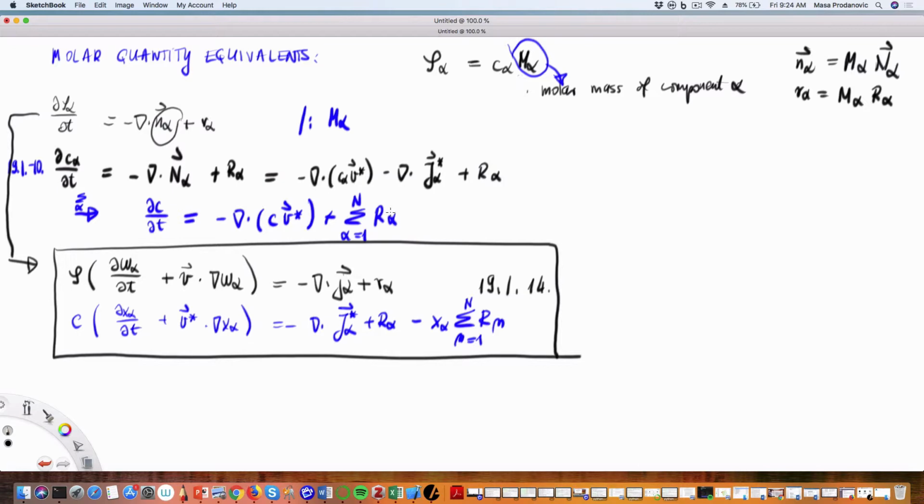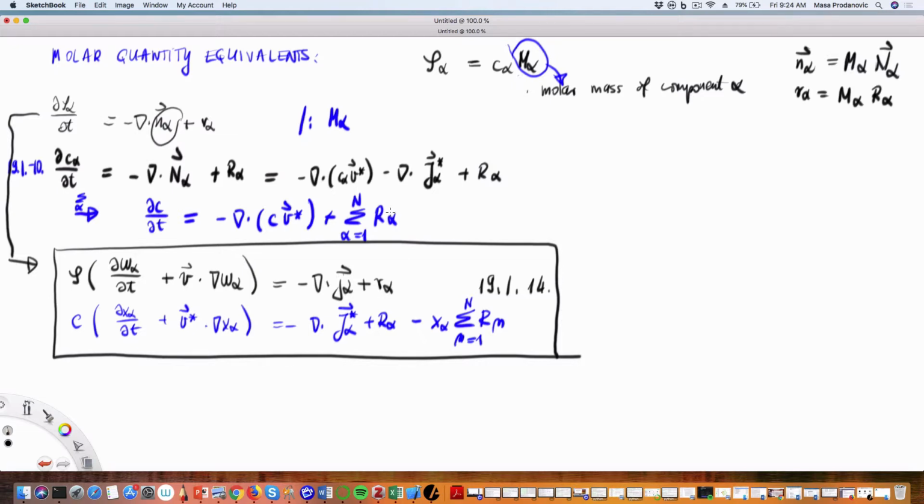Now, in practice, this is just a general formula. In practice, we're going to use binary mixtures. So it's going to be A and B really only. So the sum is going to be RA plus RB, right? It's not going to be all that complicated.